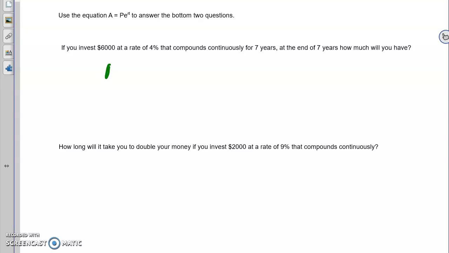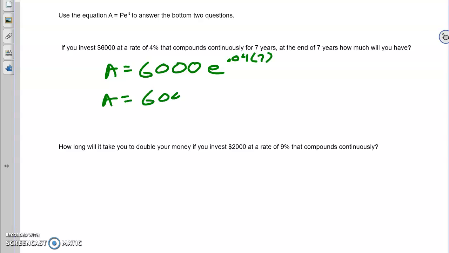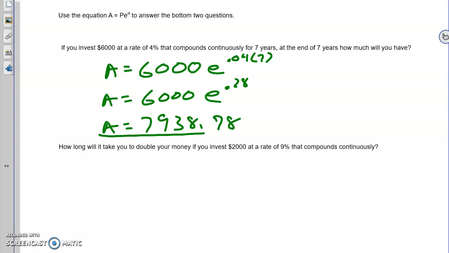We're literally just plugging in 6,000 times e raised to the 0.04 times 7. So it's really 6,000 e raised to the 0.28. When I plug that into my calculator, e raised to the 0.28 times 6,000, I'm going to end up with $7,938.78.